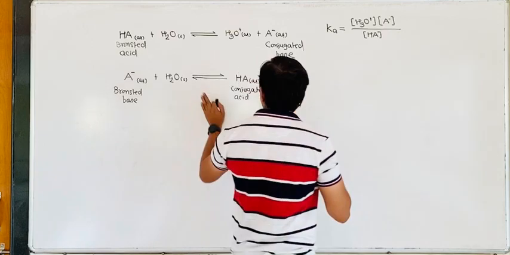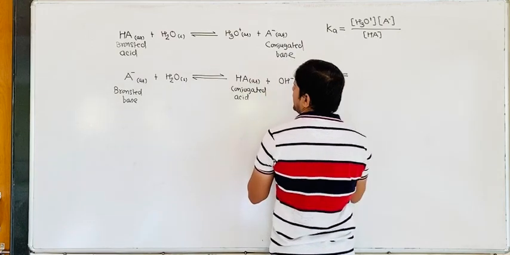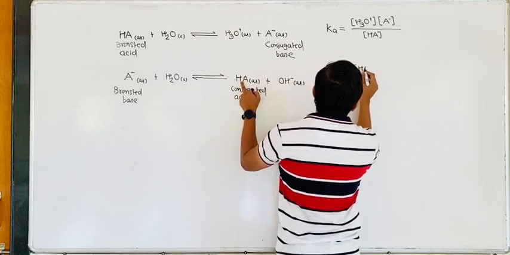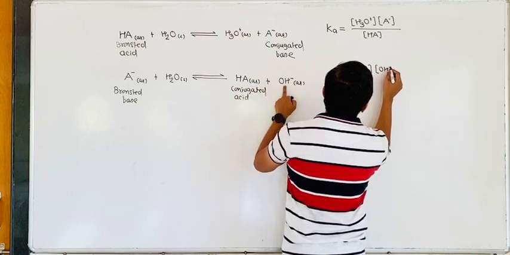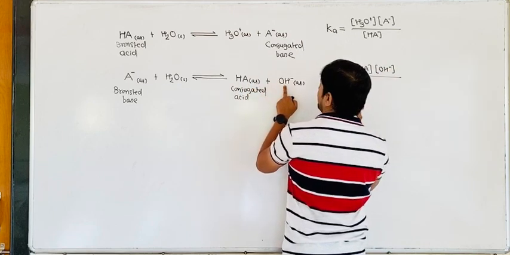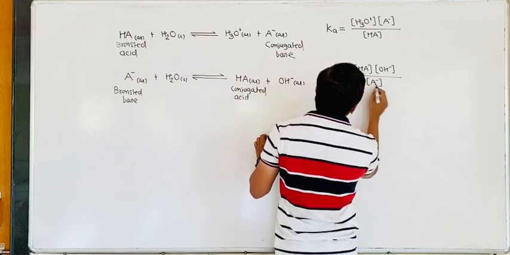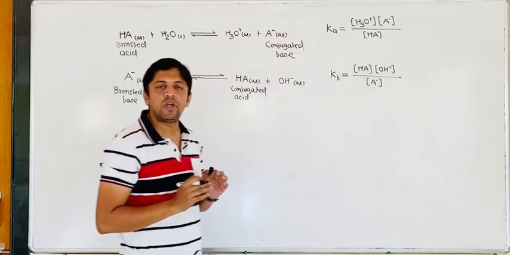Now for this reaction, equilibrium constant, let's say Kb, is represented as concentration of HA at equilibrium into concentration of OH minus ion divided by concentration of A minus ions into concentration of H2O liquid, which is considered as a constant.